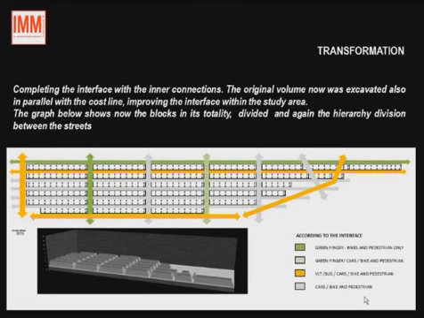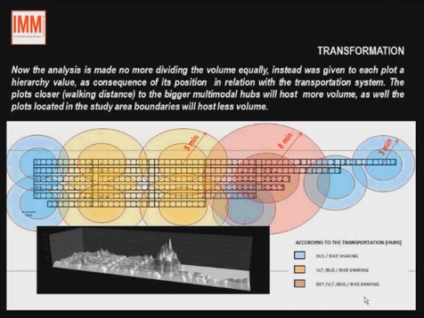Further, the total volume is redefined according to the plot's hierarchy values as a consequence of the proximity to the transportation nodes. It allows us to locate the major amount of volume near the most important intermodal transportation hub, giving the possibility also to decrease the volume where the supply of transportation facility isn't high enough.